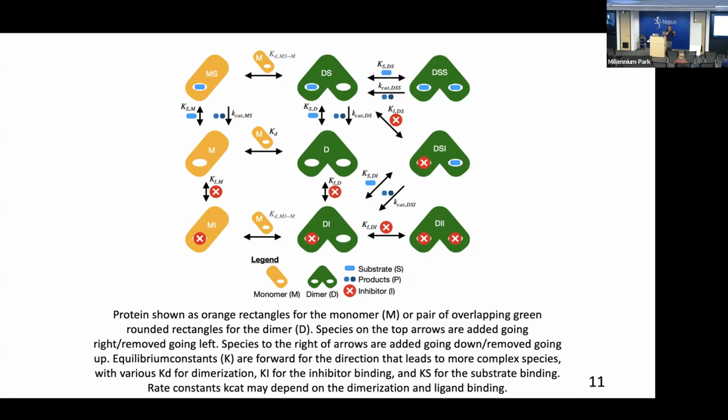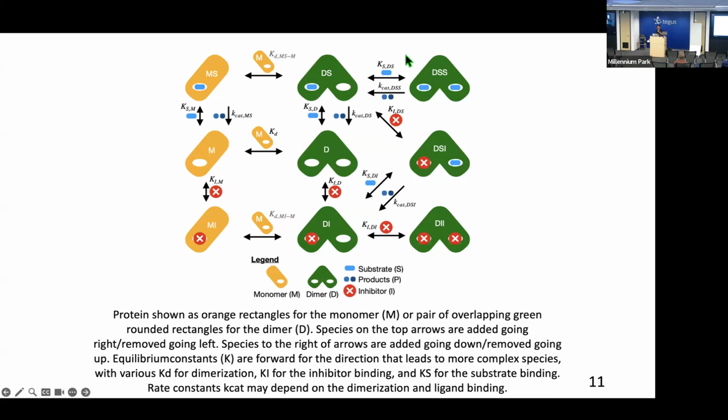That's nice and helpful to have, but we don't actually need an analytical solution to this. We used a numerical solver to find a solution to a system of equations that is specified by this diagram.